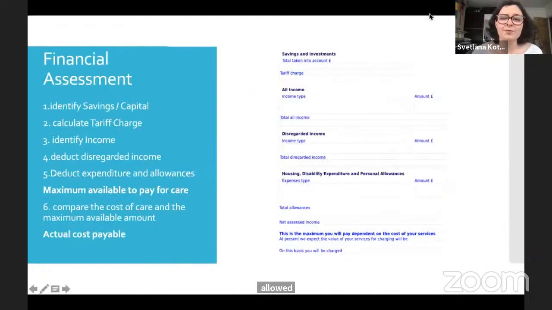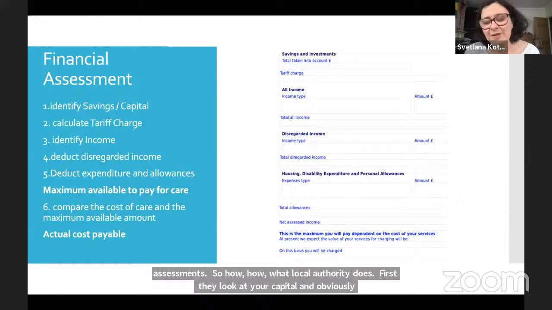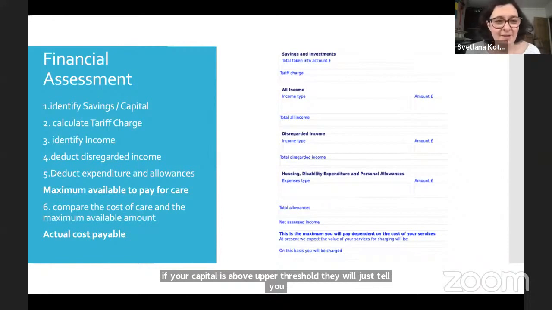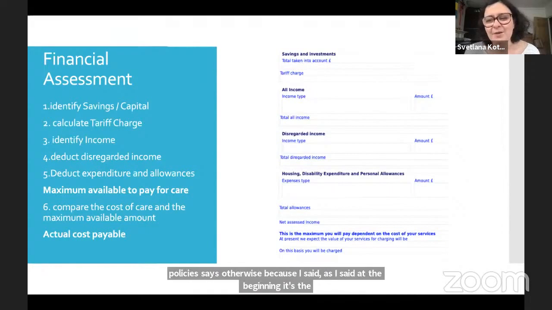So just to recap, with the financial assessment, what the local authority does. First, they look at your capital, and obviously if your capital is above the upper threshold, they will just tell you to pay for your care unless the local charging policy says otherwise, because as I said at the beginning, the national legal framework just sets out minimum standards.